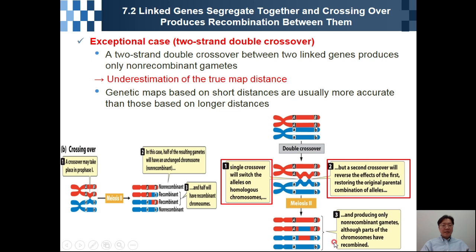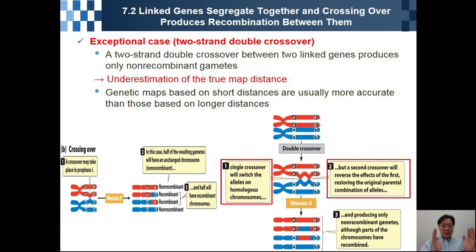So it means that it can induce underestimation of the true map distance. Usually the genetic map based on a short distance is more accurate than one based on a long distance, because in a long distance, a two-strand double crossover sometimes happens.